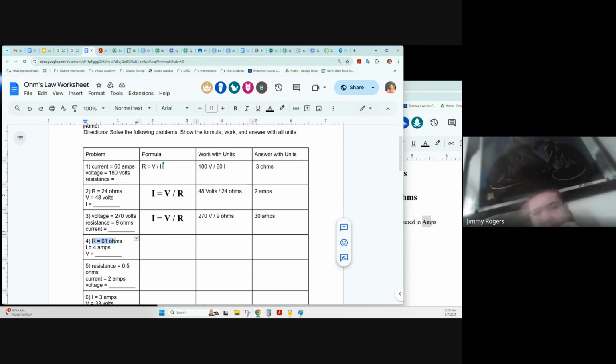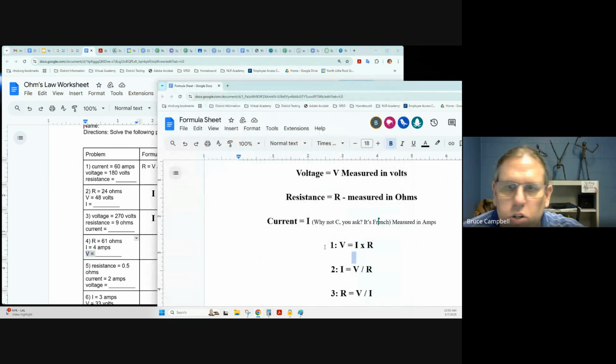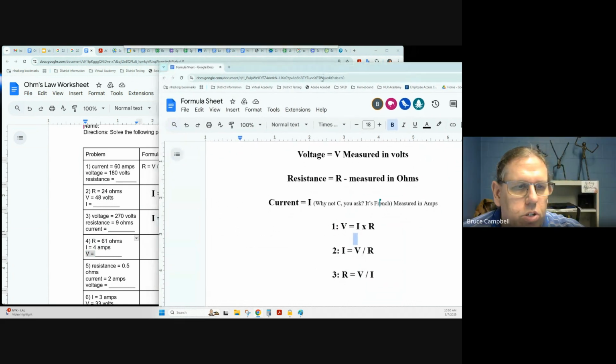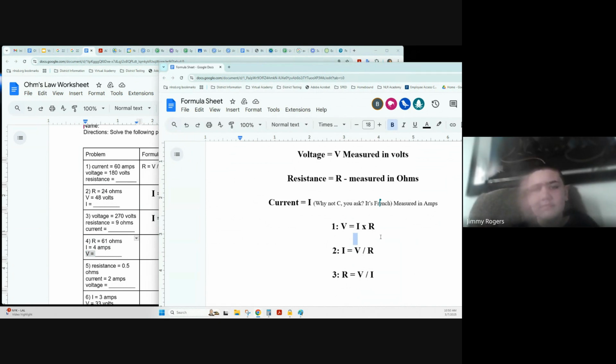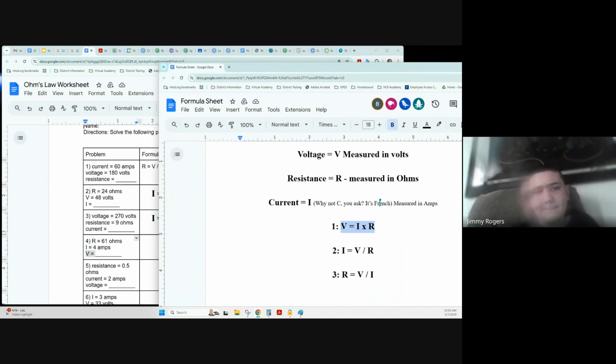And they give us I. They want us to find volts, right? Yes. So which of our formulas are we using? R and I. So this one, our first formula. Okay.